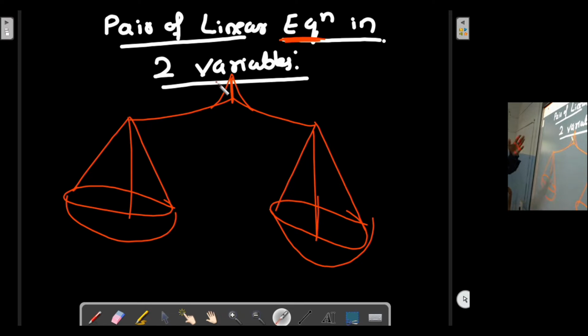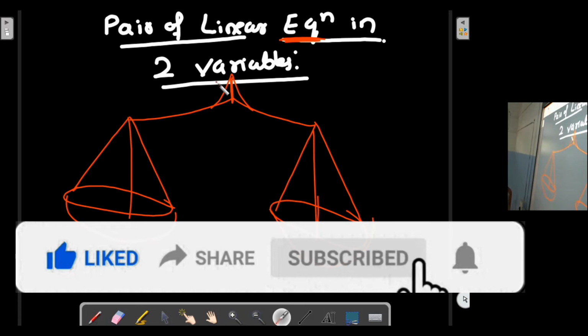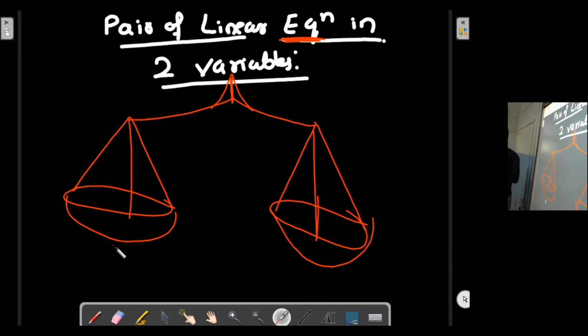So equation is nothing but a mathematical statement where two expressions are equal. Understood? After getting the meaning of equation, we'll come up one by one.